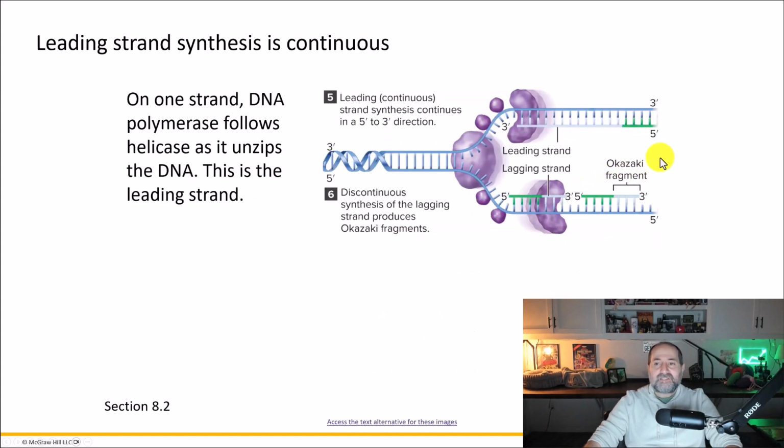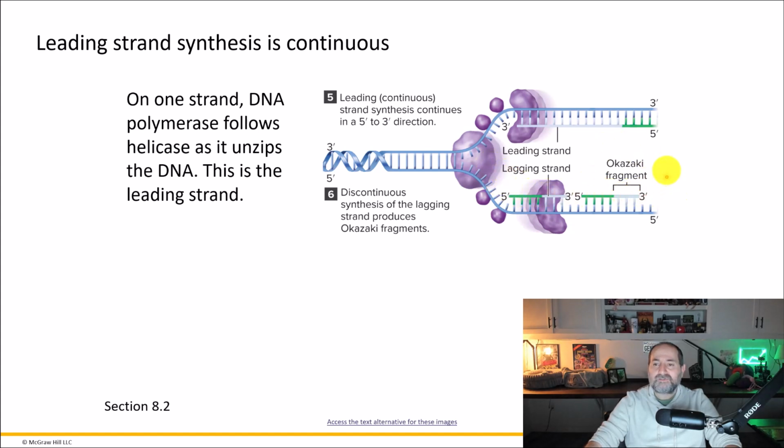Again, you should know that during DNA replication, the leading strand is building DNA towards the fork, right, in a 5' to 3' direction towards the fork, while on the lagging strand, the DNA is being built in a 5' to 3' direction away from the fork.